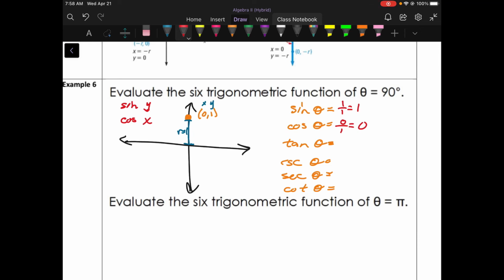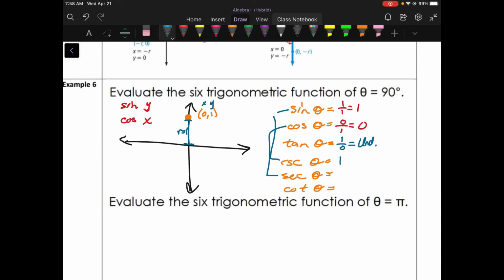Tangent, like I said, I always write it this way because tangent is y over x. So 1 over 0. Now you can't divide by 0, so this would be an undefined term. Cosecant is the reciprocal of sine, so if you flip 1 over 1, you still get 1 over 1, which is just 1.